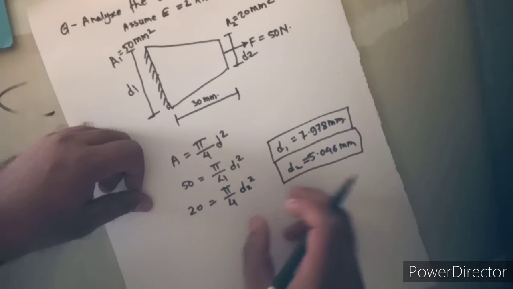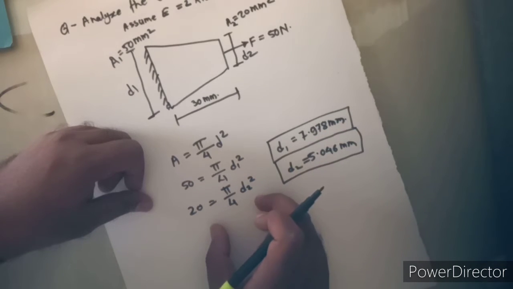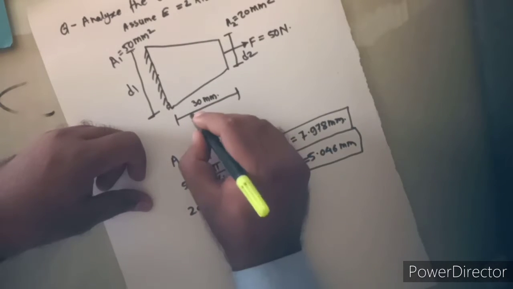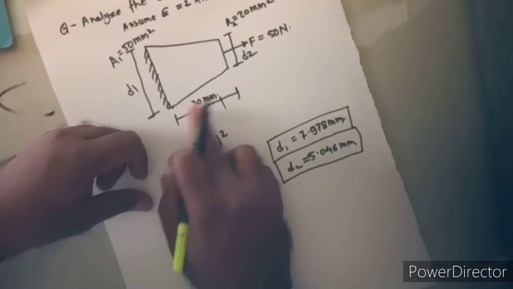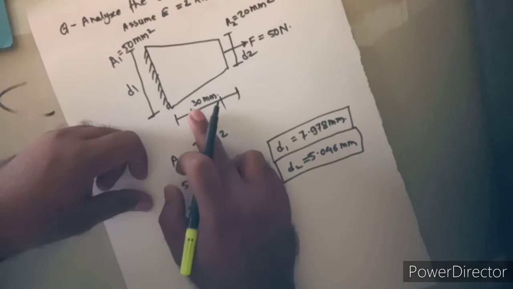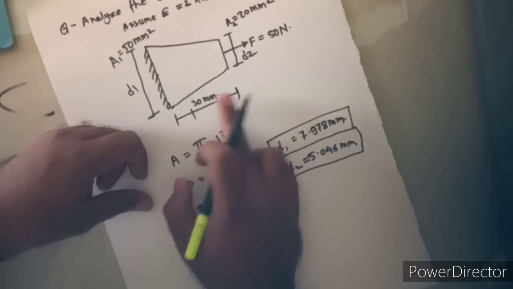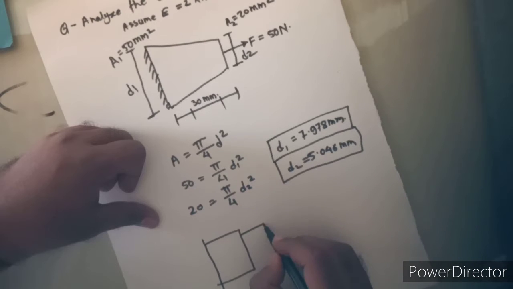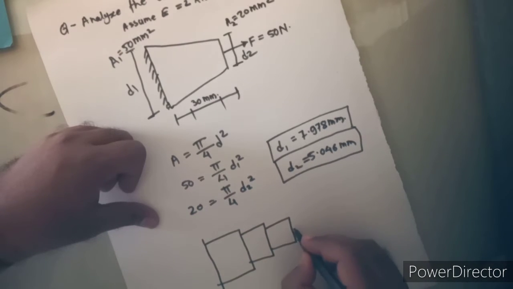Then divide this 30 mm into 3 parts, so each length is 10 mm, 10 mm, 10 mm. Then this diagram may be considered as first, second and third element. The force is 50 Newton.